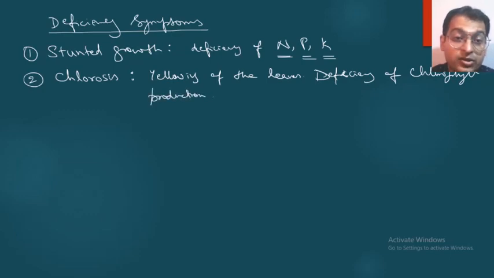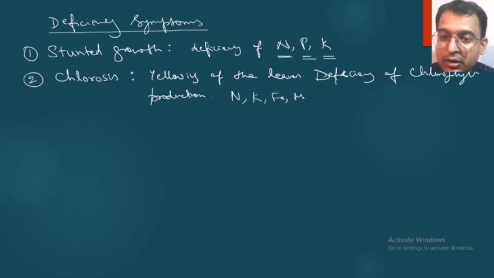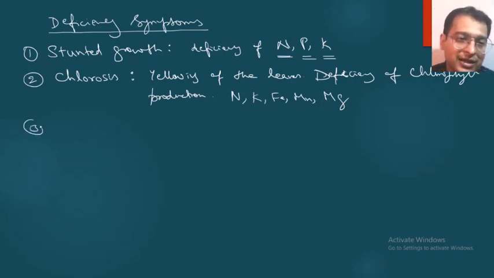Chlorophyll is green in color, so if there is less chlorophyll, then the leaves will appear yellow. This is known as chlorosis, and this is due to the deficiency of what? Nitrogen, potassium, iron, manganese, magnesium. The deficiency of these five elements can result in chlorosis.